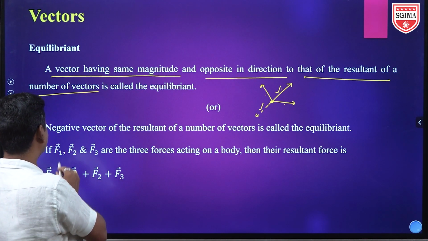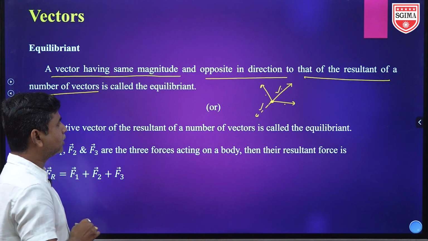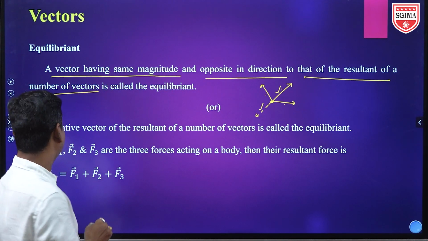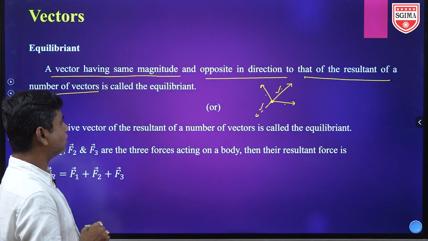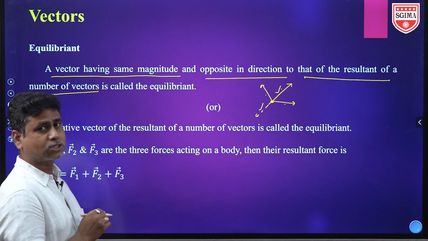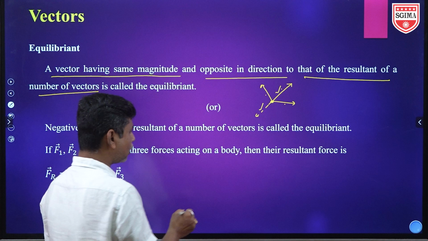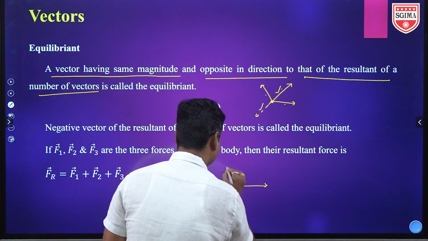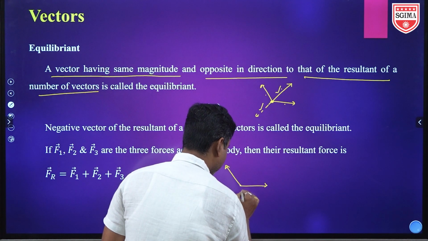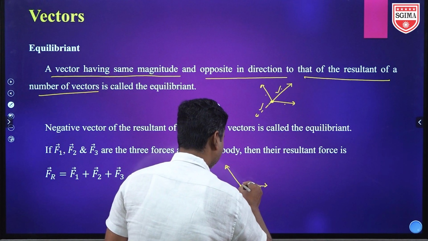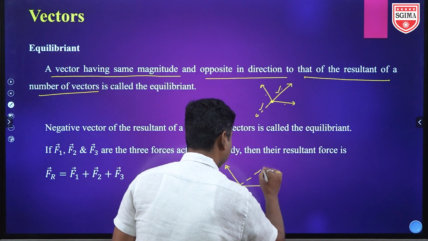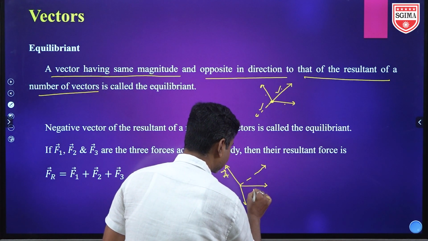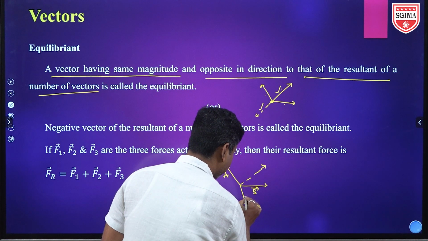Here is one more statement: the negative vector of the resultant of a number of vectors is called the equilibriant. Number of vectors means we can take 3 vectors here, it is one vector, one vector, one vector. These 3 vectors have a resultant acting in this direction. Take them as A bar, B bar and C bar.